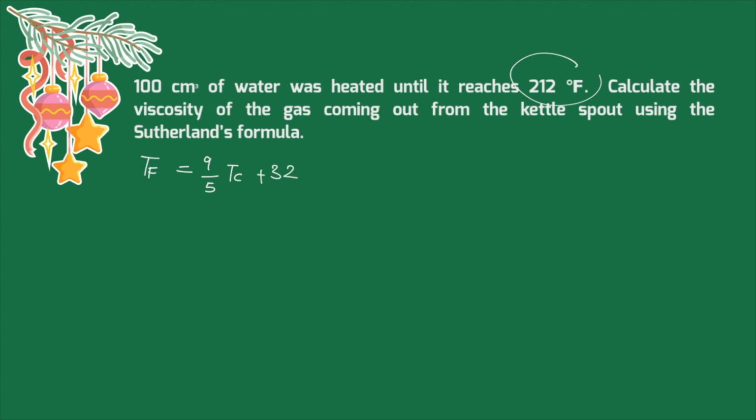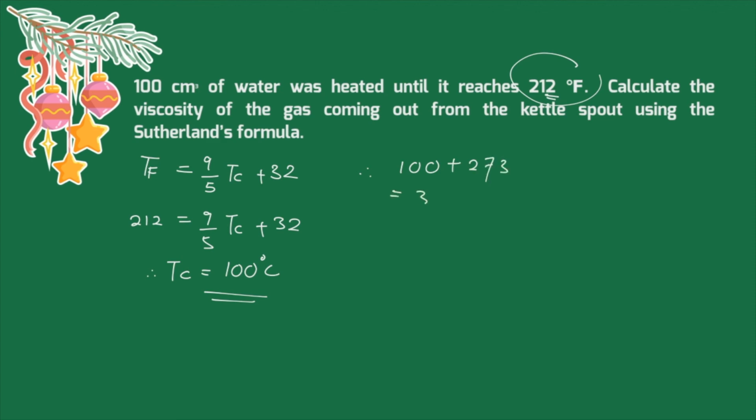From the question the temperature in Fahrenheit is 212, so 212 equals 9 over 5 times the temperature that you want to calculate, plus 32. Therefore the temperature is equivalent to 100 degrees Celsius. After that, 100 plus 273 is equivalent to 373 Kelvin.